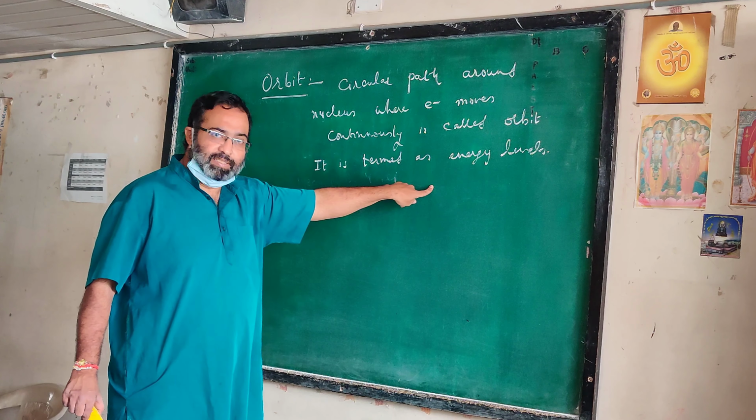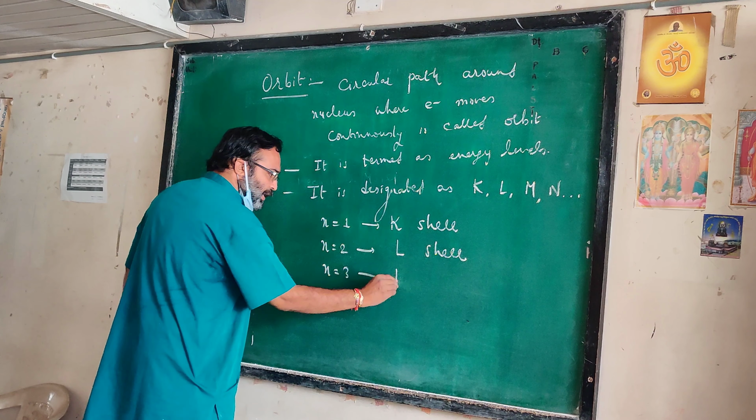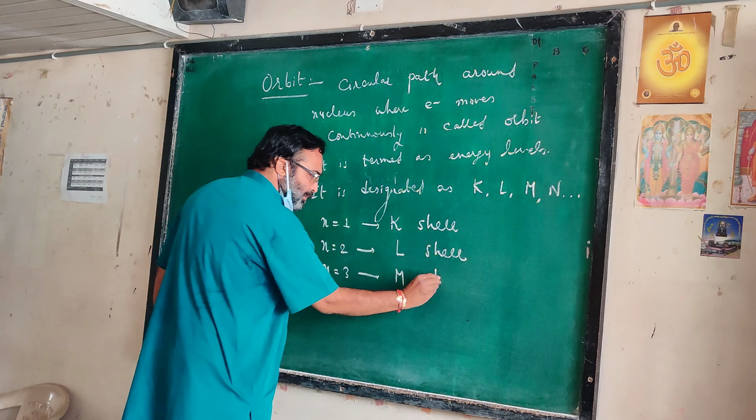The energy level, the orbit and the shell are the same. If first energy level, then it corresponds to K shell. If n equals 2, then it is L shell, second energy level. n equals 3, then it is M shell. n equals 4, then it is N shell.